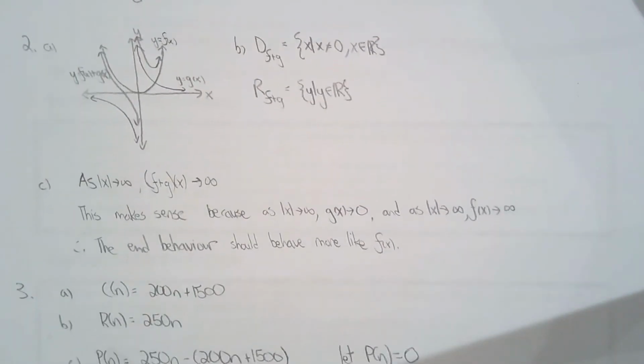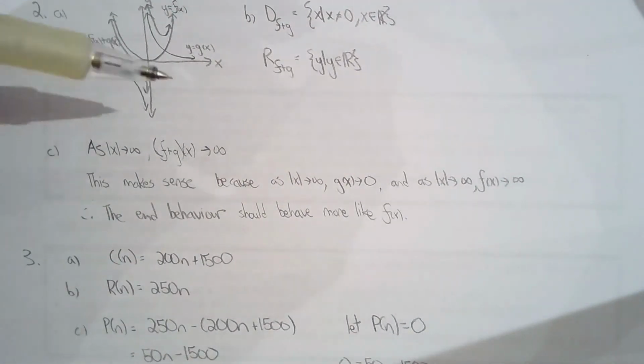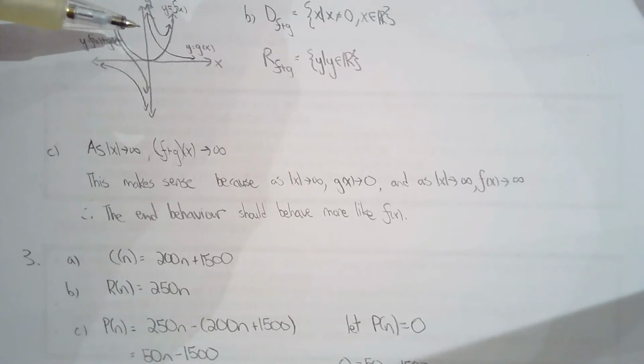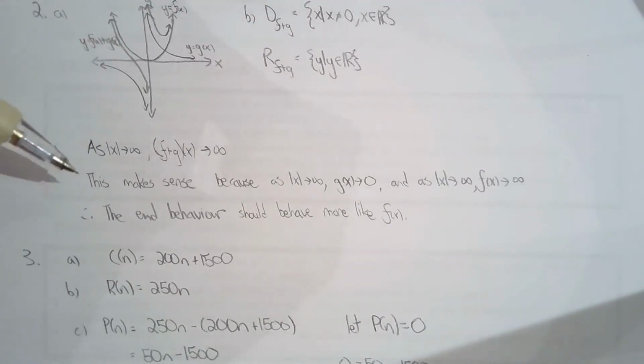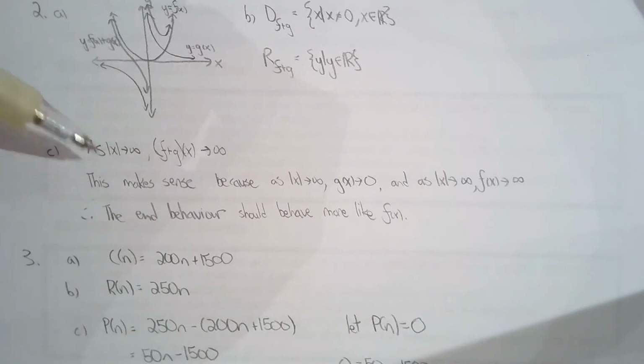For question 2c, they ask us whether the end behavior of the sum behaves like f or like g. If you look at the graph, it clearly behaves like f of x, because as the magnitude of x gets very large, the output values approach infinity.